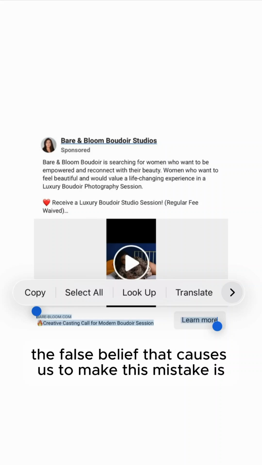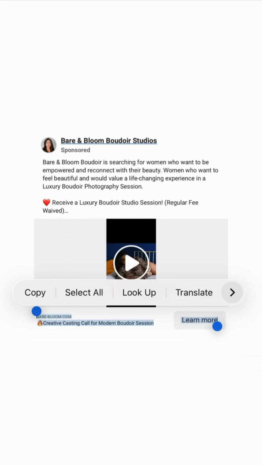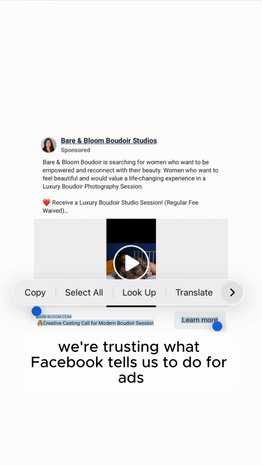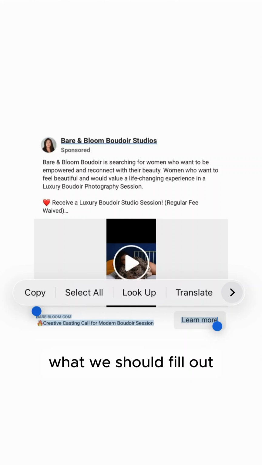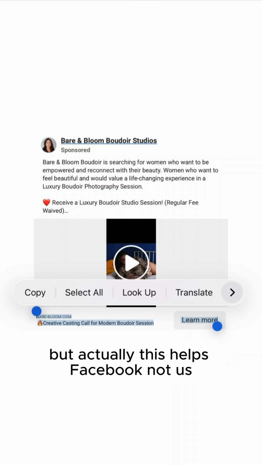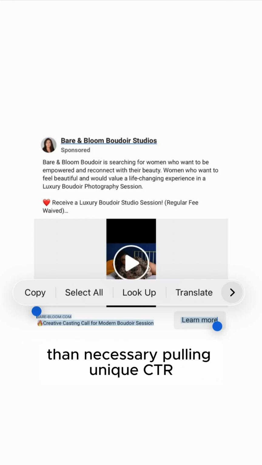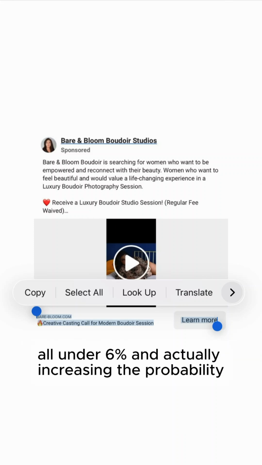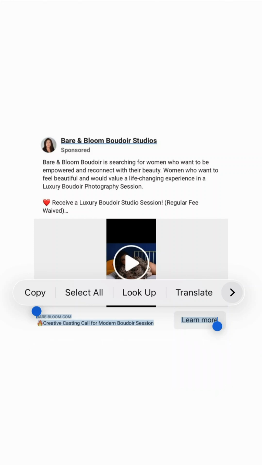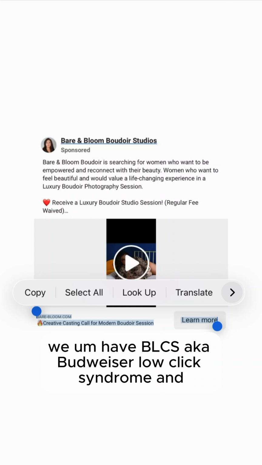The false belief that causes us to make this mistake is we're trusting that what Facebook tells us to do for our ad is actually what we should do for our ads, what we should fill out. But actually, this helps Facebook, not us. It actually hurts us. When we do this, it causes way more women to scroll by our Facebook ad than necessary, pulling unique CTRL under 6% and actually increasing the probability we have BLCS, aka Boudoir low click syndrome.